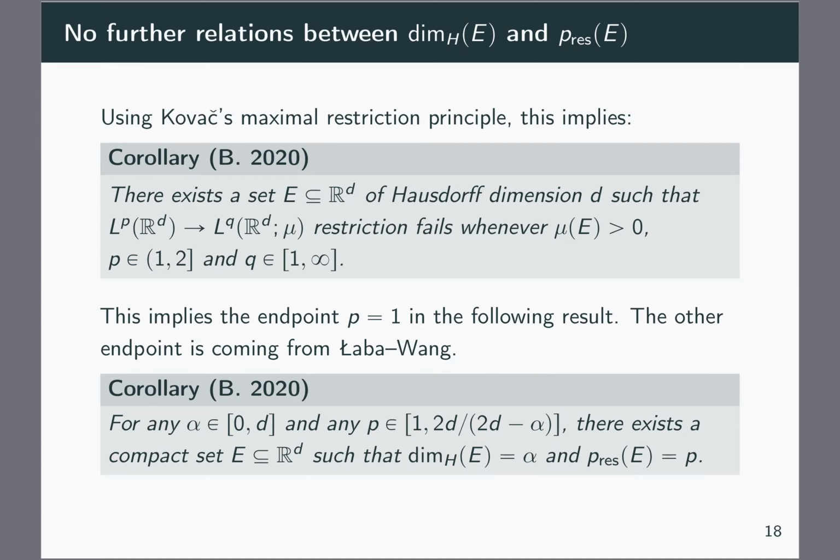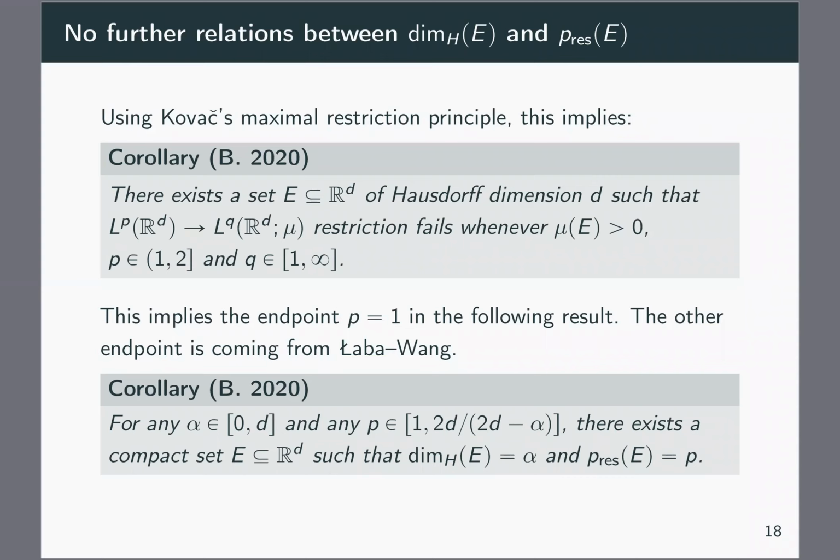And now we can combine this corollary with the result of Weber and Wang that we saw before. We have a corollary that tells us there's a set that has very few restriction inequalities, and their result was they can find a set that has very many restriction inequalities.